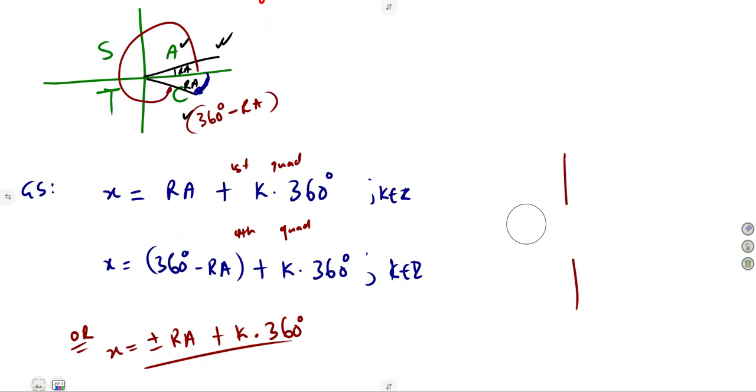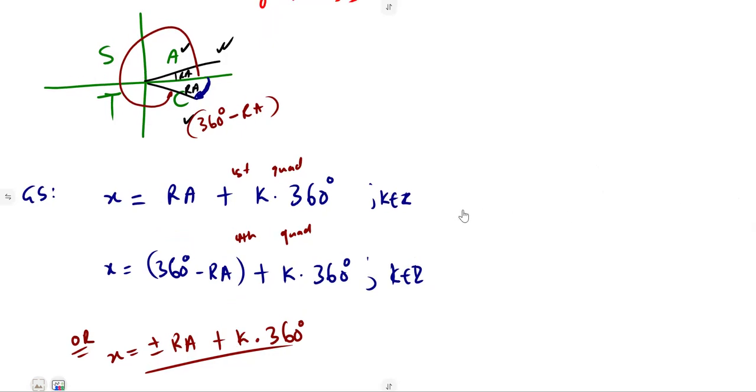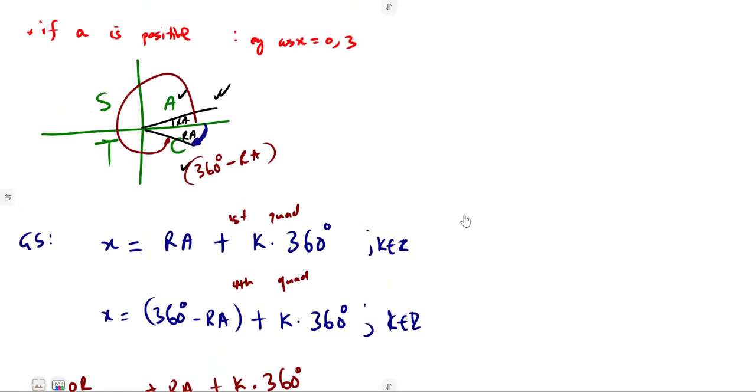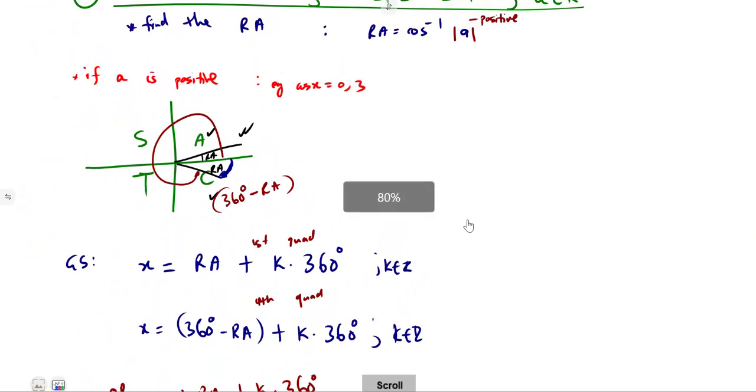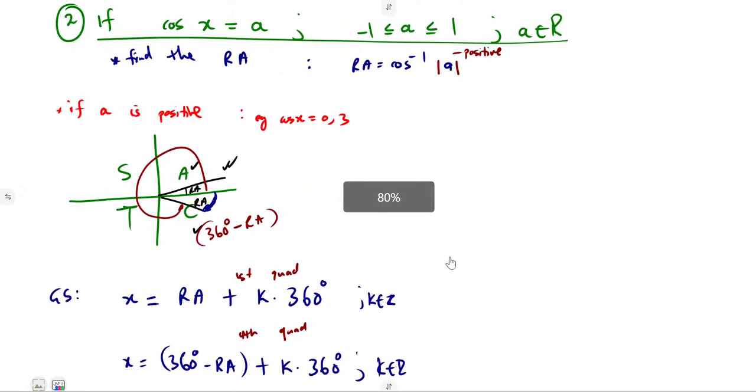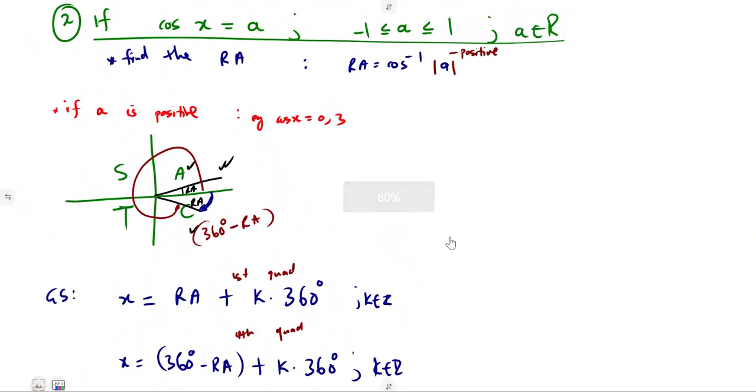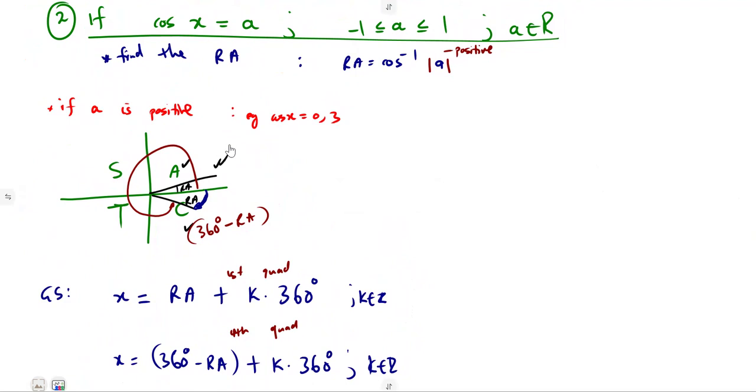I just hope we are in the same direction. If this is new, make sure you go through the playlist from the first video, and you can get assistance with what I'm referring to from the basics. So this is it for a cos that is positive: cos x is 0.3, 0.5, whatever you're given.